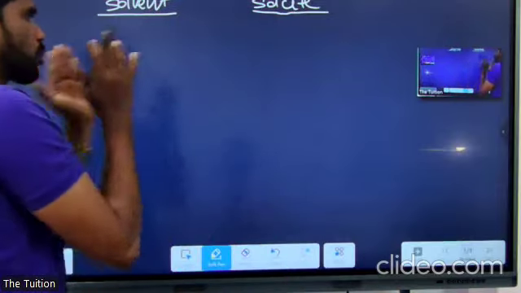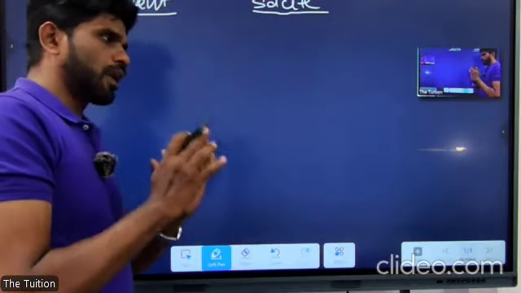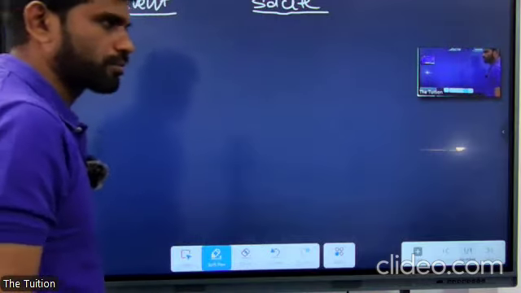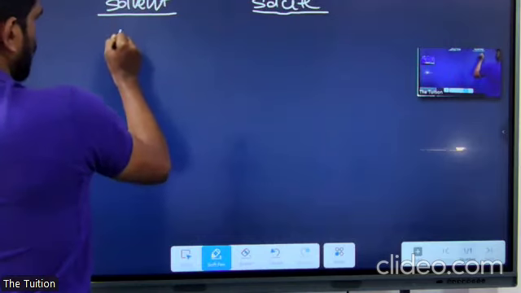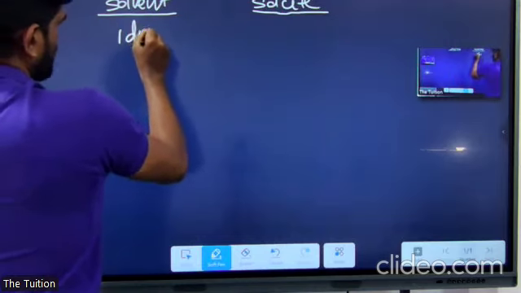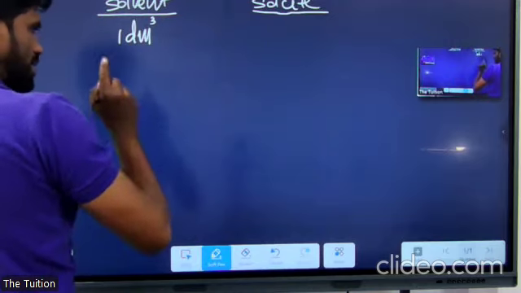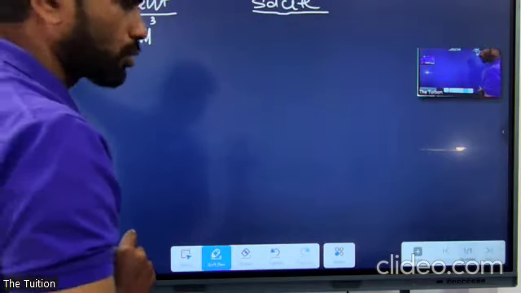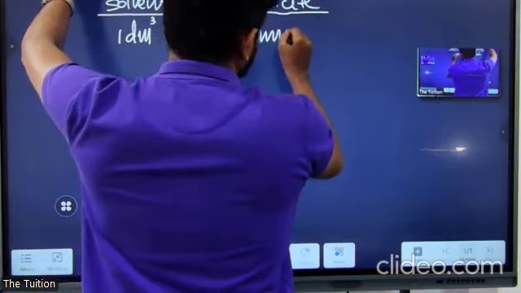Always we are going to represent the amount of solute with respect to a cubic decimeter of volume. So you have made a solution by dissolving solute in a 1 cubic decimeter volume, 1 mole.